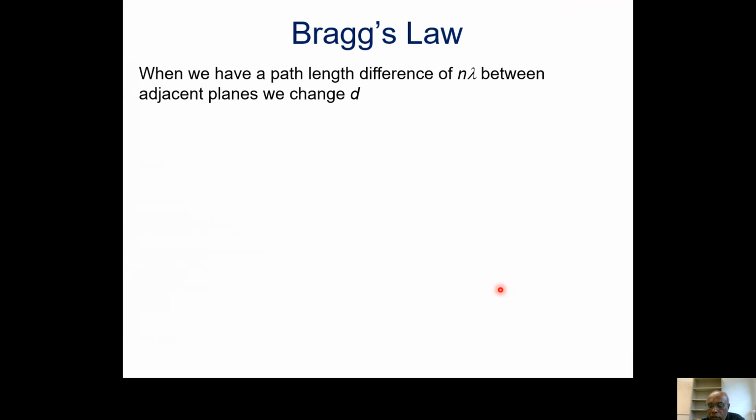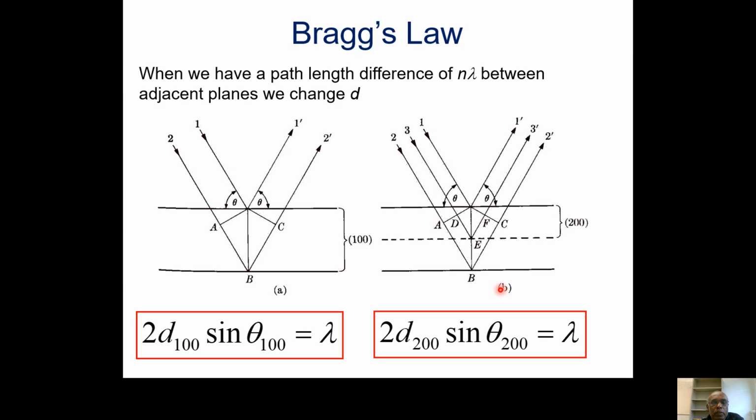Then a little bit more about Bragg's law. This is a very important thing to understand. If you have this X-ray light, like 1 and 2, getting reflected, you have 1' and 2', they are the ones going to get interfered, right? Now we are talking about the diffraction from these two planes, the 1, 0, 0 planes.